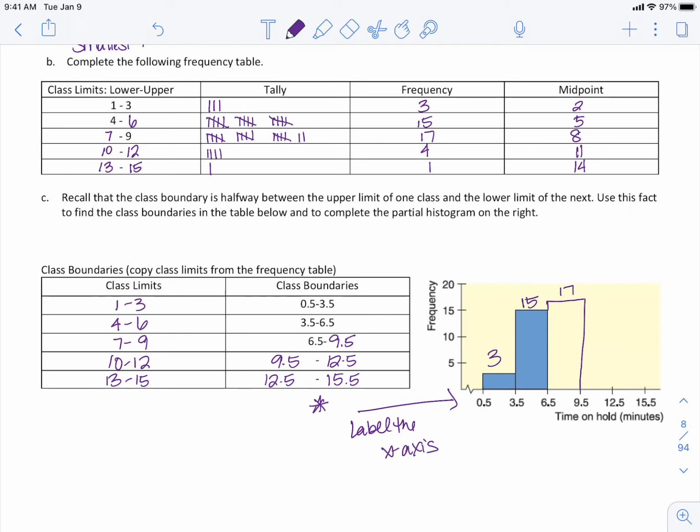Next, the height from 9.5 to 12.5, the frequency is 4. And the last one, from 12.5 to 15.5, this had a frequency or height of 1. And now that histogram is complete.